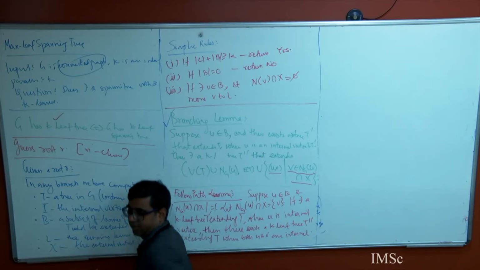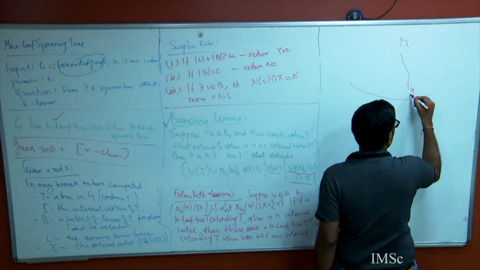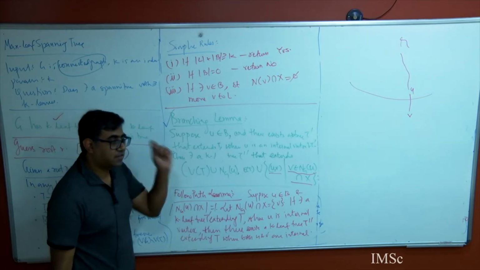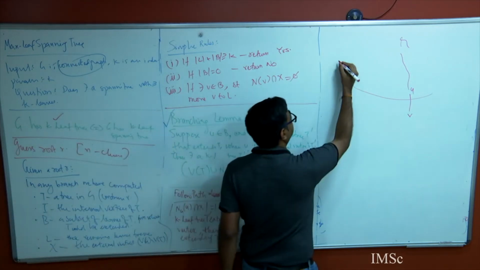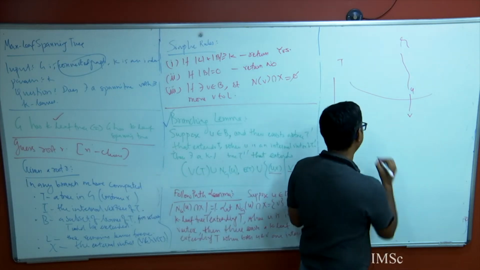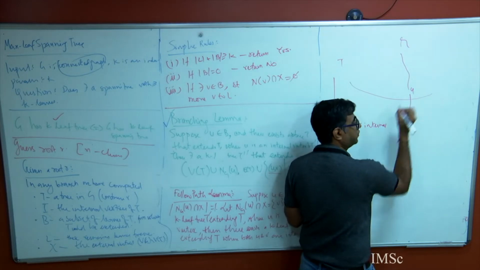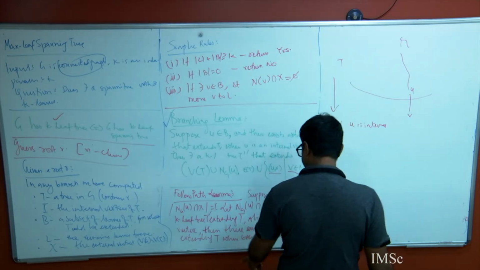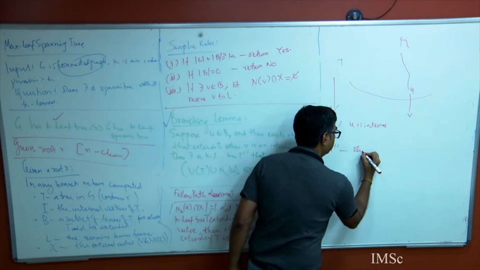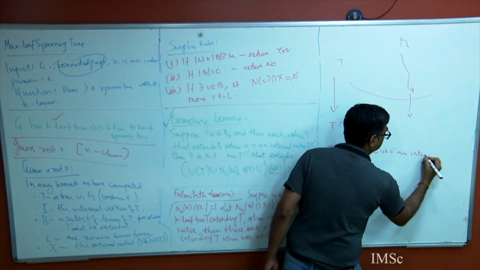So what does it say? It says, okay fine, here is my root, here is my U and it has a single neighbor V. Suppose there exists a tree T prime extending T, and the property of T prime is that U is internal in this tree. Then you have another tree T double prime where both U and V are internal.